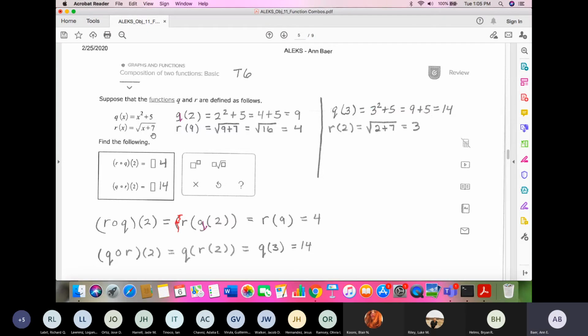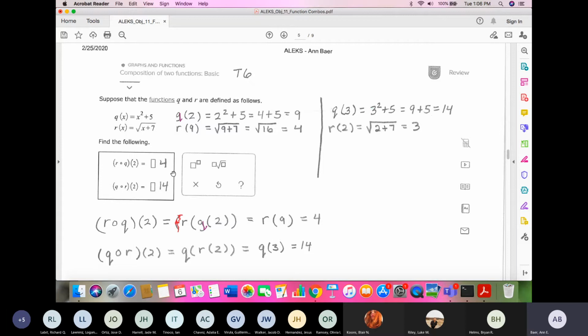What are we asked to do? We're asked to find the following. R composed with, that's how that's read, composition, composed with. That's what that symbol is, a composition symbol. So we read R composed with Q at x equals 2. This one we read Q composed with R at 2. You will notice the answers are not the same.